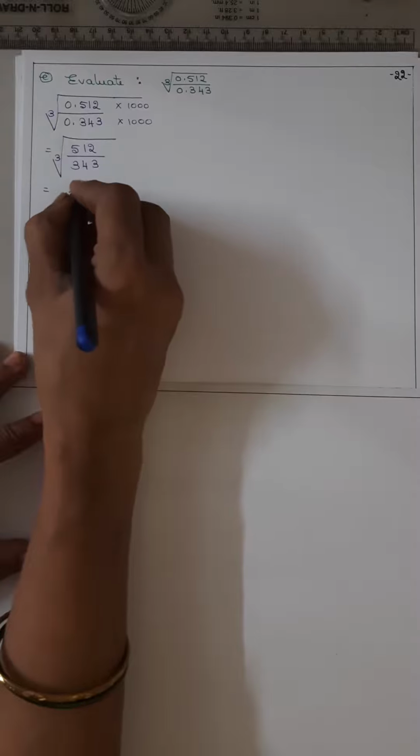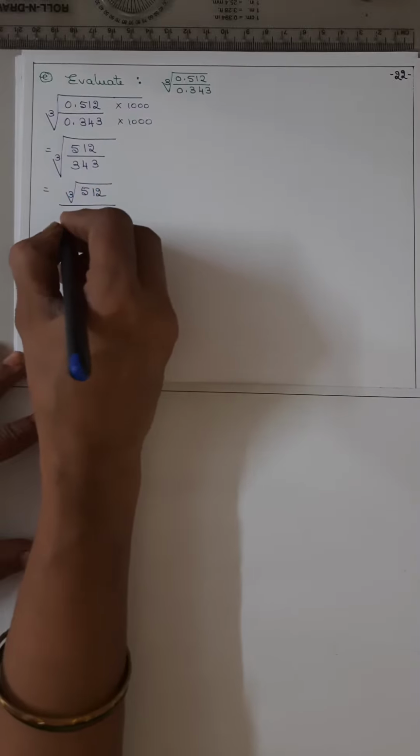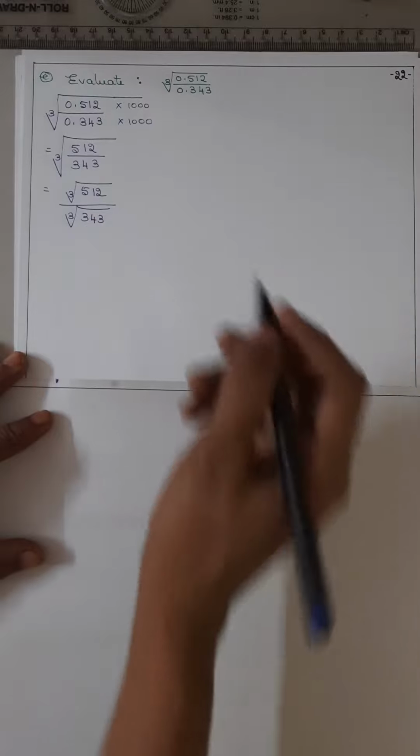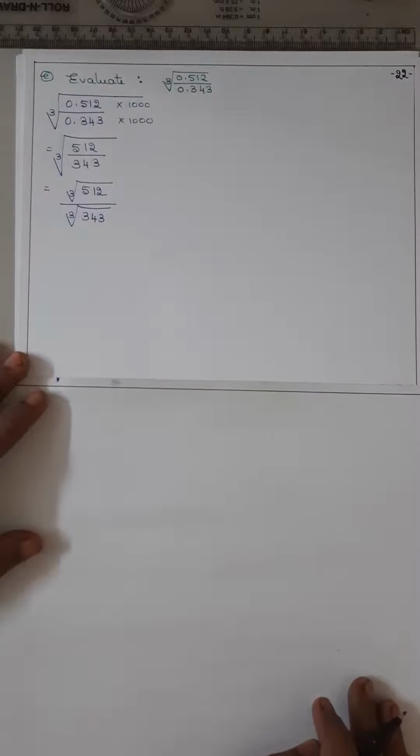That means cube root of 512 upon cube root of 343. Remember, for rational numbers, the cube root of the numerator is divided by the cube root of the denominator.